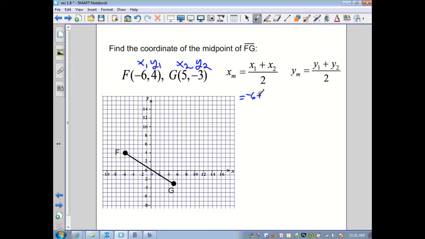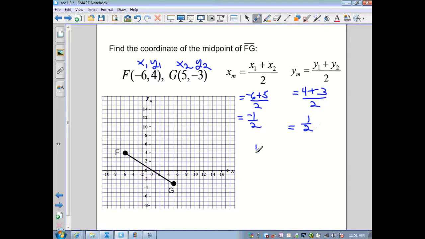x1, negative 6, plus x2, which is 5, divided by 2. That gives us an x midpoint coordinate of negative 1/2. For y sub 1 is 4, plus y sub 2, negative 3, divided by 2. And the y midpoint coordinate is going to give us 1/2.